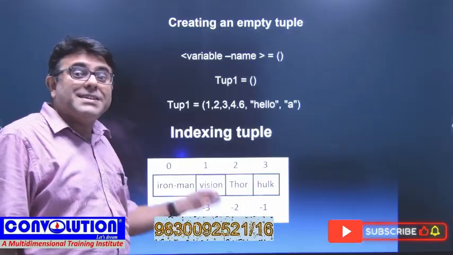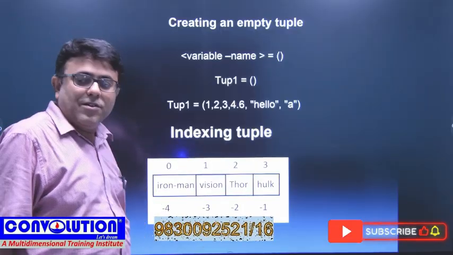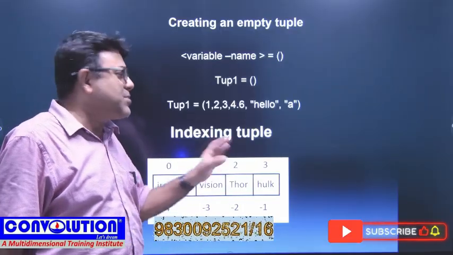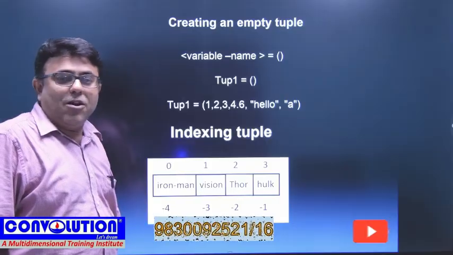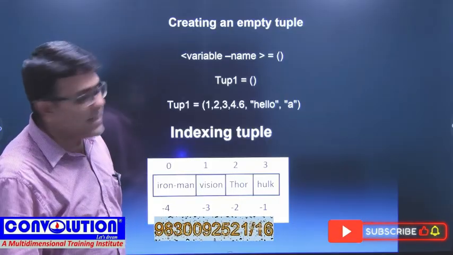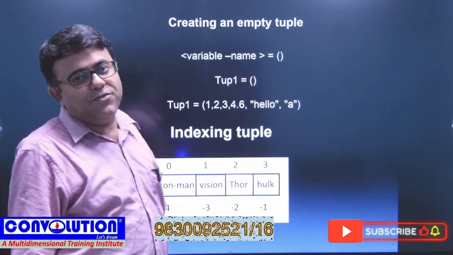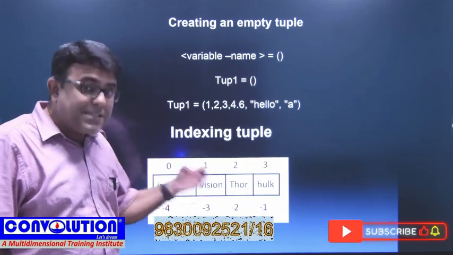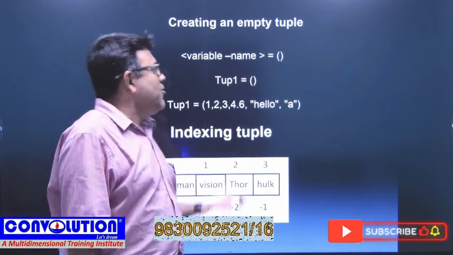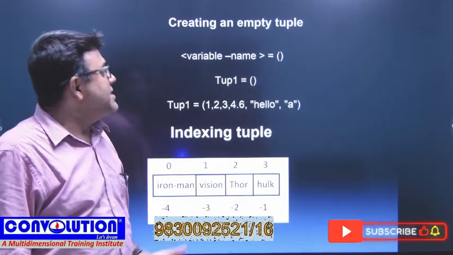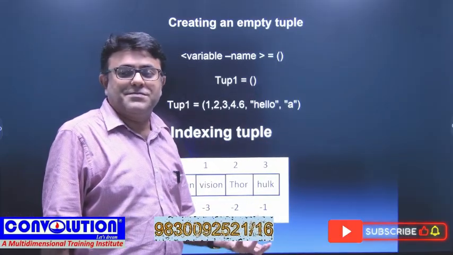That means we are creating a tuple called tup1 where I'm not going to store anything. I'm creating an empty tuple. Now, how do I know it's a tuple data type? In a tuple, we use first bracket open and first bracket close. This is also a very important thing to identify that this tup1 is an empty tuple.